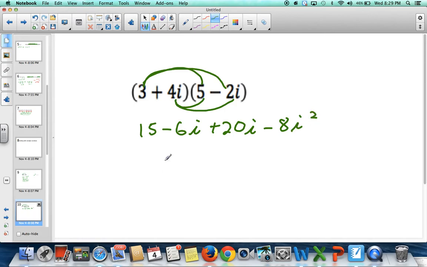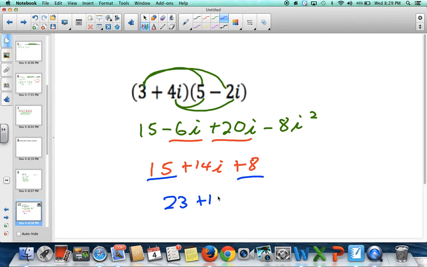And now we simplify. These two combine together. So that's 15. Negative 6 plus 20 is plus 14i. And then this one here, negative 8 times i squared. i squared is negative 1, so that's going to be plus 8. And now I can combine my like terms. These guys combine together to be 23 plus 14i. And that's what we leave for that one.